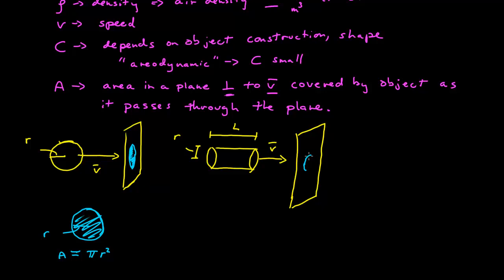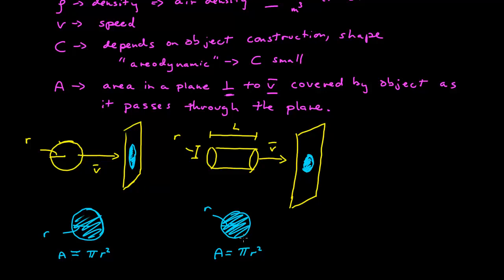The area covered by the object as it passes through is again an area of a circle. That circle has radius r, and so the area will be pi r squared. The cross-sectional area for a cylinder of radius r, as long as it's going in this direction, is the same as the cross-sectional area for a sphere of radius r.